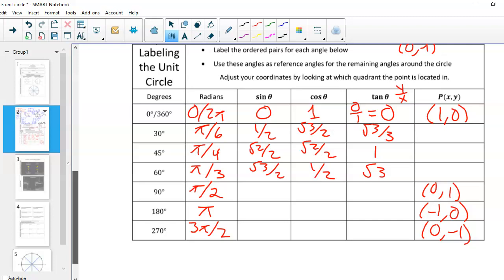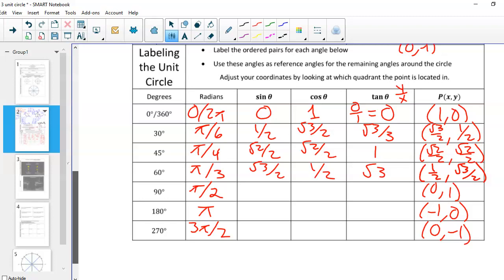Since we have sine and cosine here, the ordered pair would be root 3 over 2, 1/2. Here, your ordered pair would be root 2 over 2, root 2 over 2. For 60, this would be 1/2, root 3 over 2. And then we just need to fill out the others.